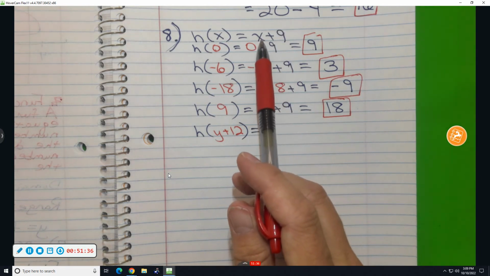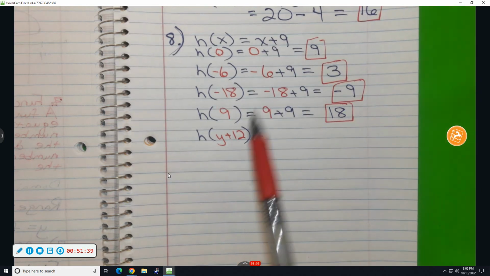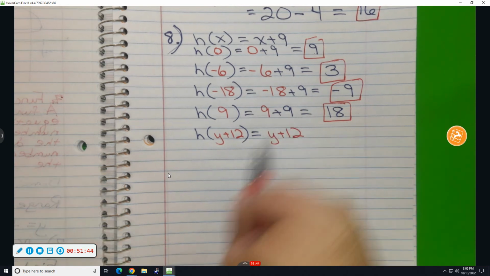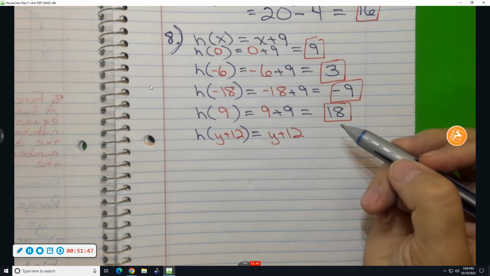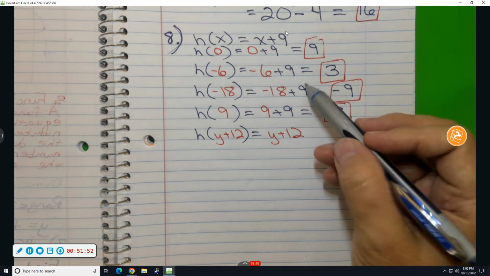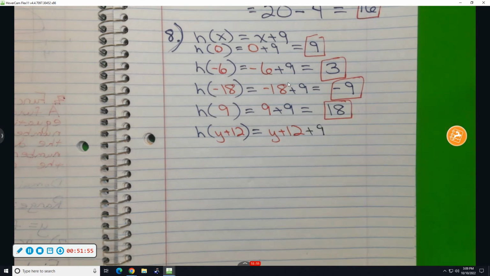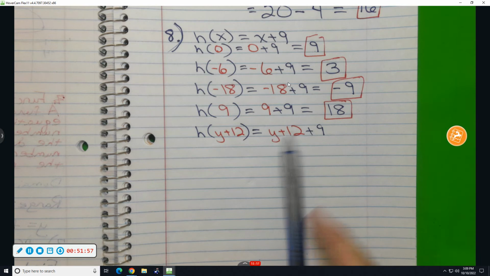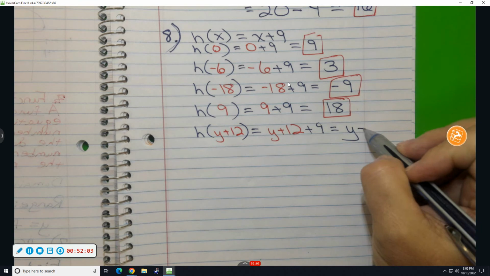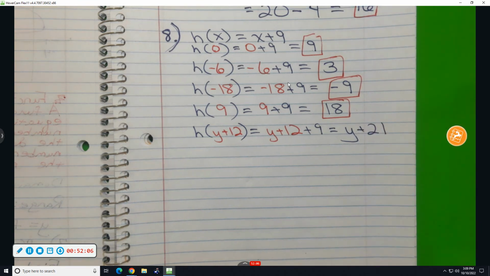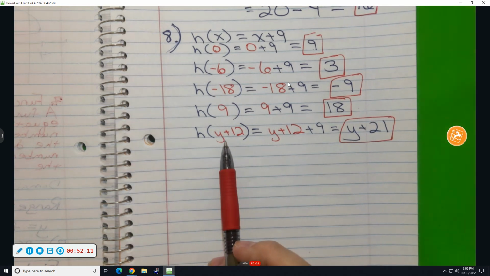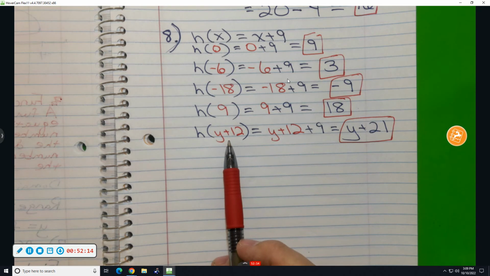I still have the plus 9 stuck on there, and there's no other y to combine, so that just stays a y. 12 plus 9 is plus 21 for my final answer. Whatever's in the parentheses, that's what you replace the variable with.